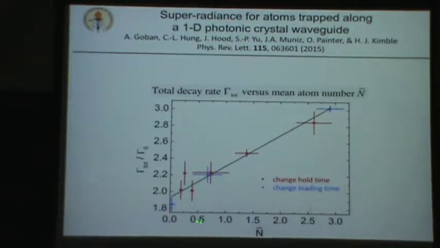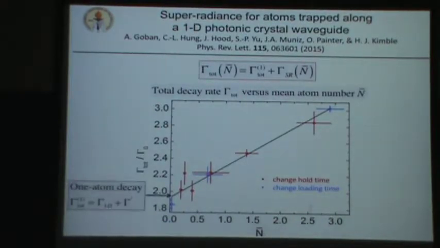And now you see, as a function of mean number of atoms trapped, you see the decay rate. And the decay rate, by two different techniques of loading, is some total decay rate plus this emission equilibrium. And here, as the number goes to 0, when we trap no atoms and we try to excite them, we get no fluorescence.